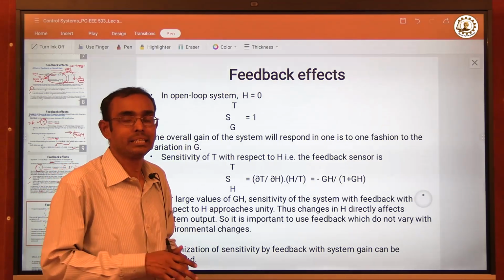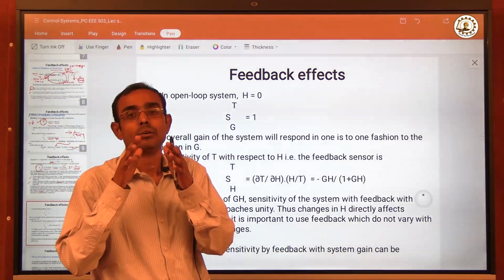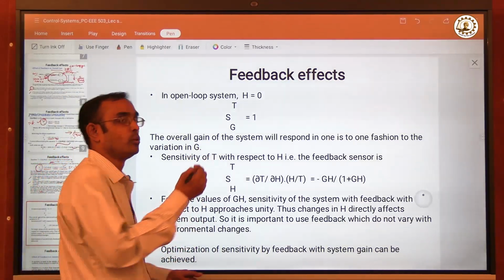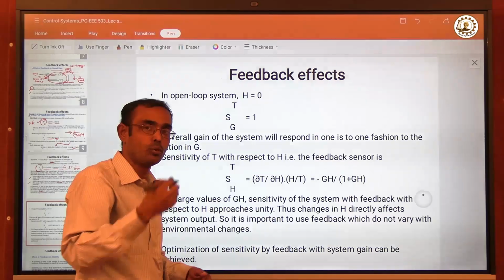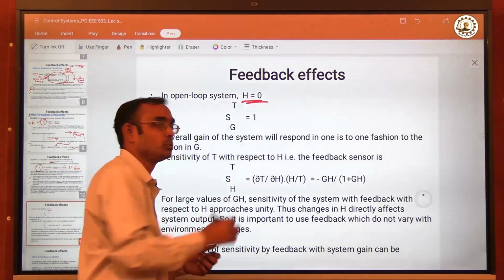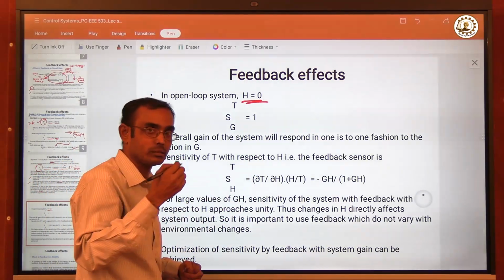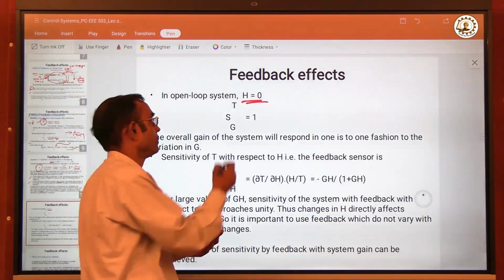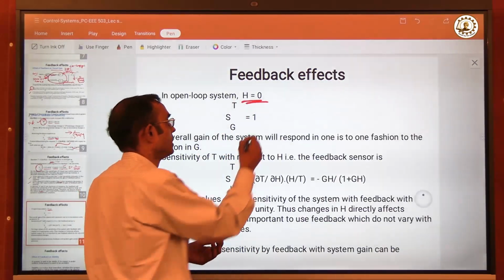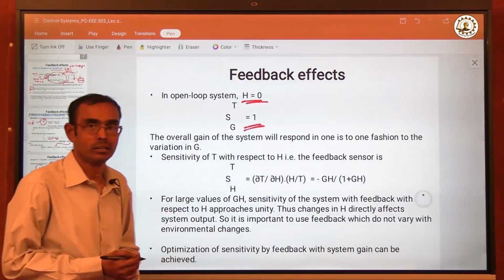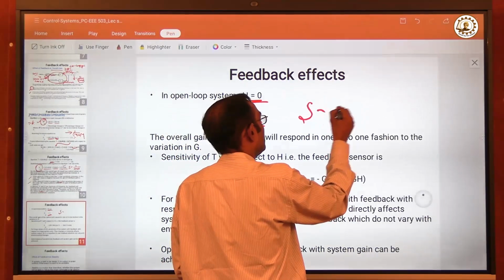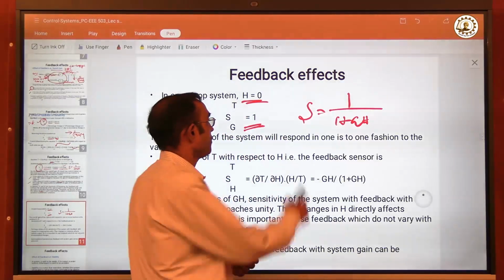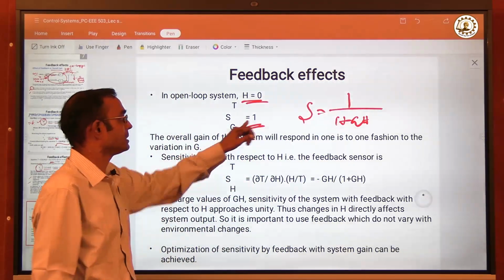Now, this sensitivity analysis is based on the closed loop system. In the open loop system there is no feedback, so h is equal to 0, and if we analyze the sensitivity for an open loop system, then S of t with respect to g is 1. Why? Because sensitivity is 1 by 1 plus gh, and if h is equal to 0, then S is equal to 1.